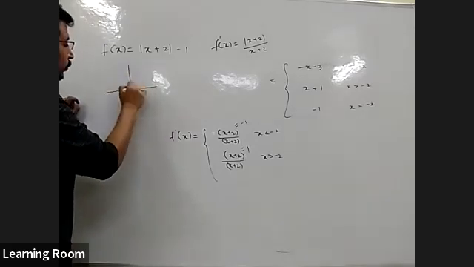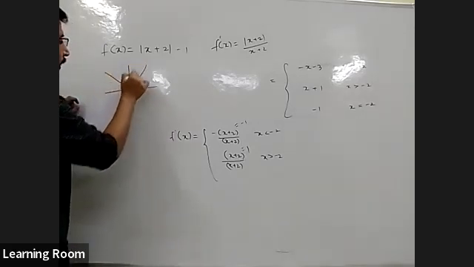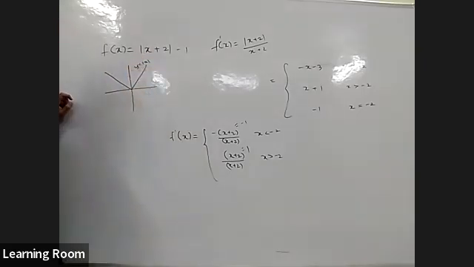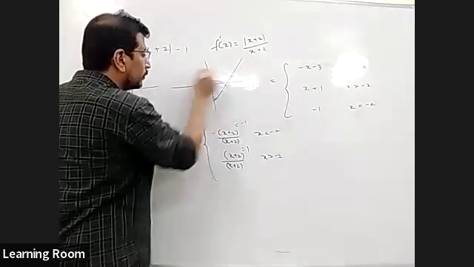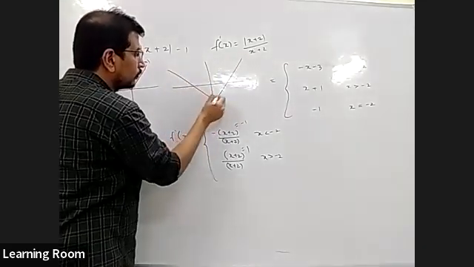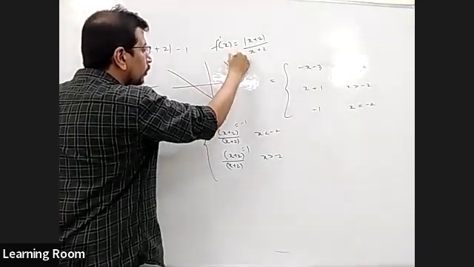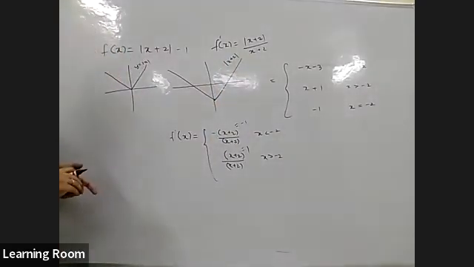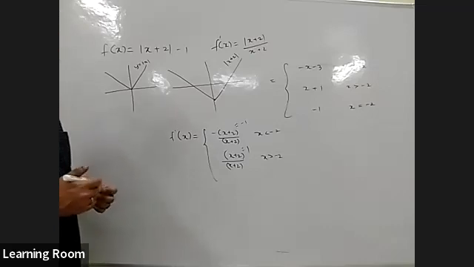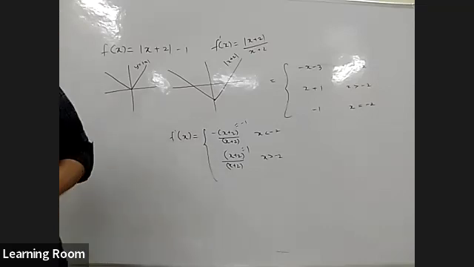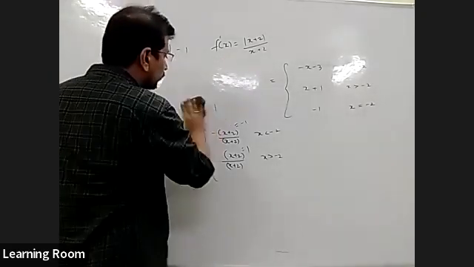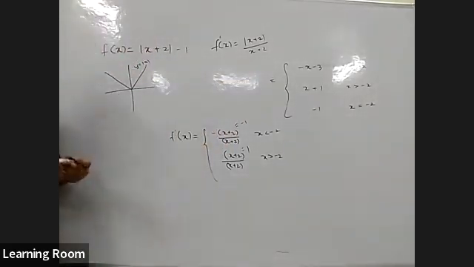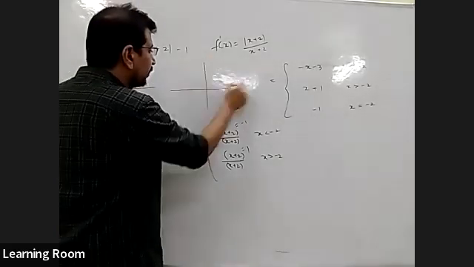If you take this to be the mod x value, y is equal to mod x, then y is equal to mod of x plus 2 will start from here. So this is the graph for mod of x plus 2. I'm sorry, it should be to the left. So mod of x plus 2 will be here.